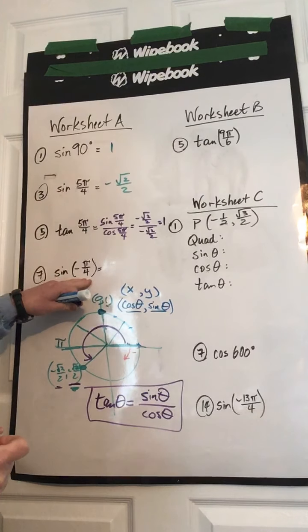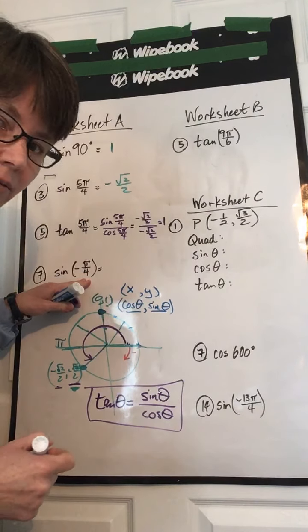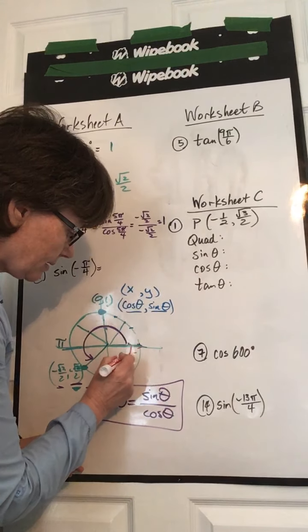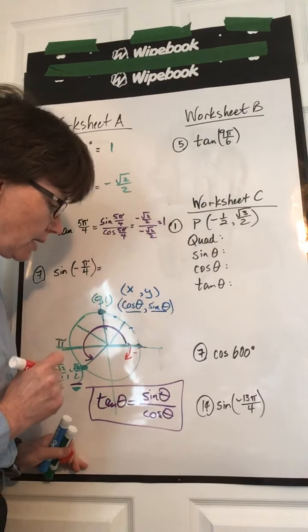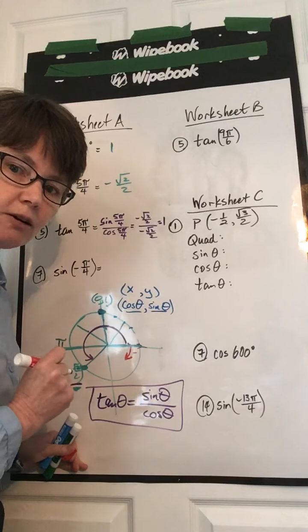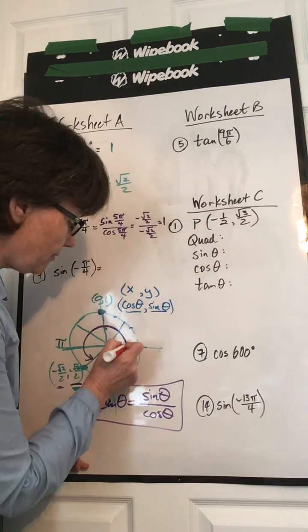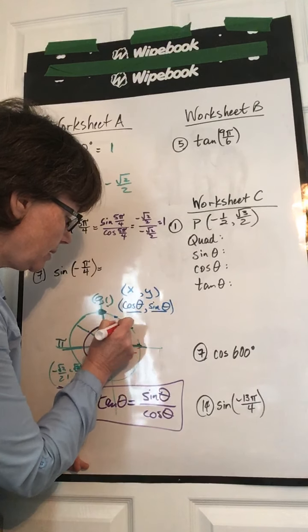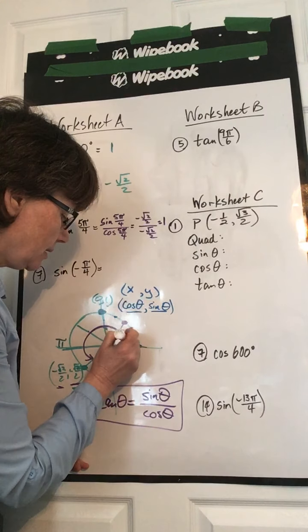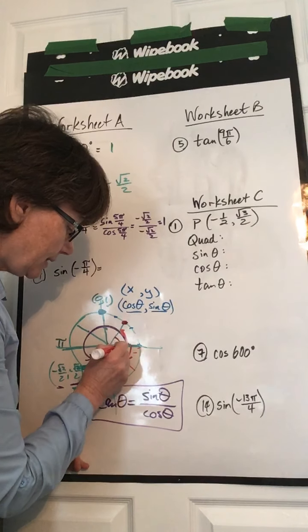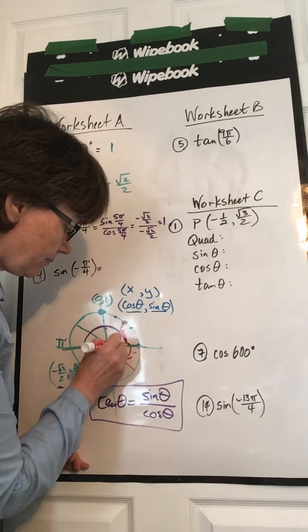All right, sine of negative pi over 4. So a negative angle, remember, goes in the negative direction. We could think about this in a couple ways. Where is negative pi over 4? We can think about, okay, well, where is positive pi over 4? And that's up here. So this angle has to be exactly equal to this angle.